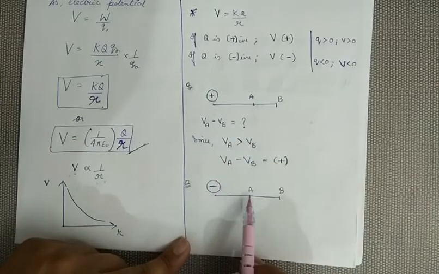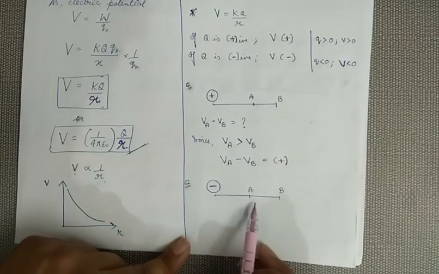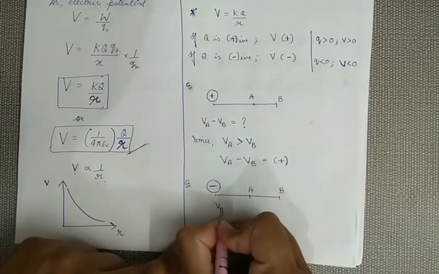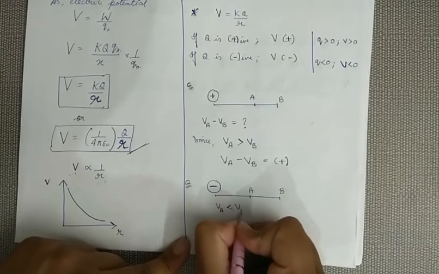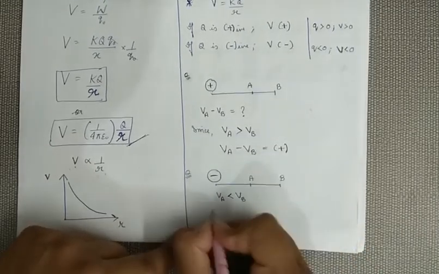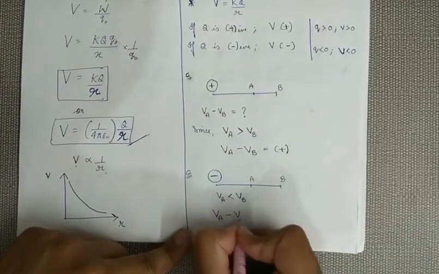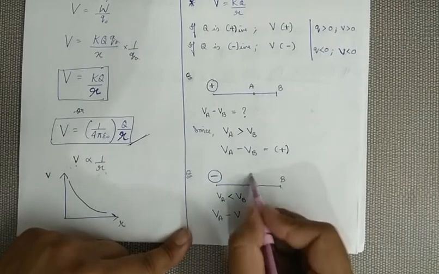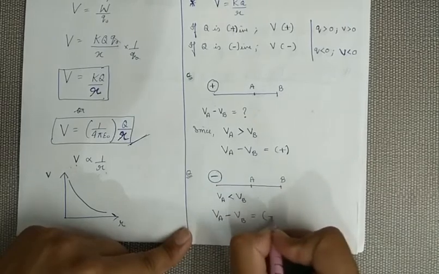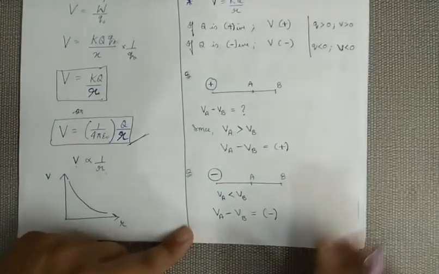If you are standing close to negative, you will be at low potential. So in this case, potential of A is less than potential of B because B is away from the negative and A is very close. So if we take VA minus VB, this time A is low potential and B is high potential, so VA minus VB will give you a negative sign.